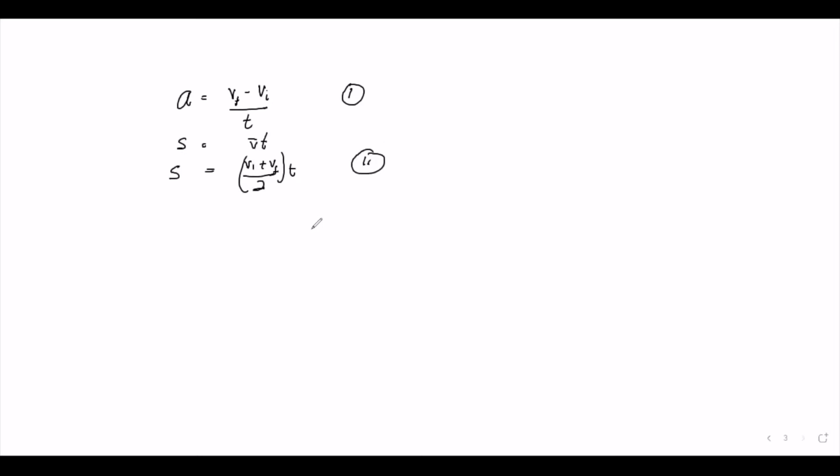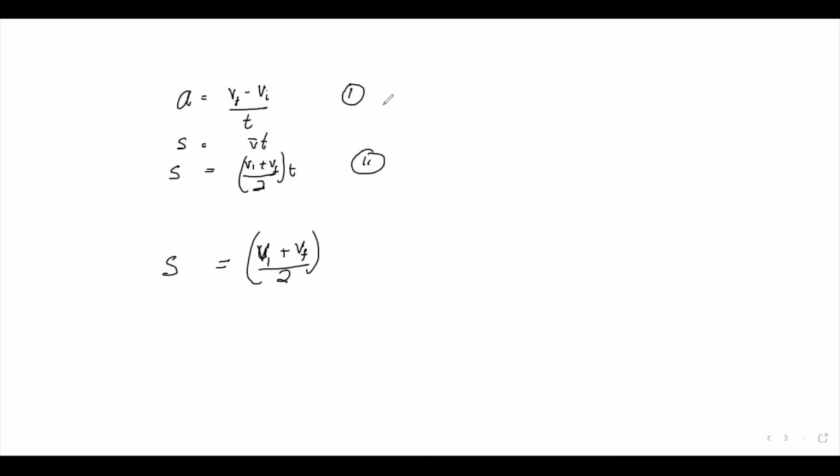What happens when you substitute 1 into 2? You have S is equal to, now you will have S is equal to U, or initial, plus final, which is of course the average velocity, and then your time here.